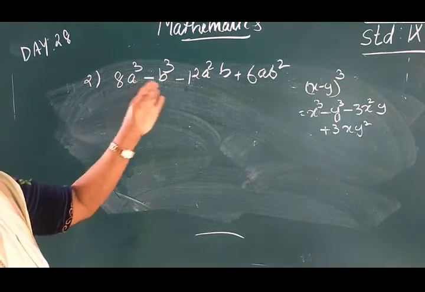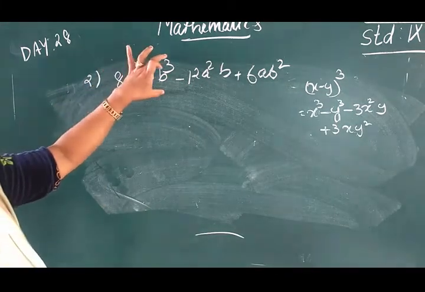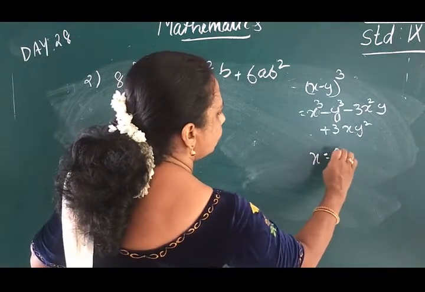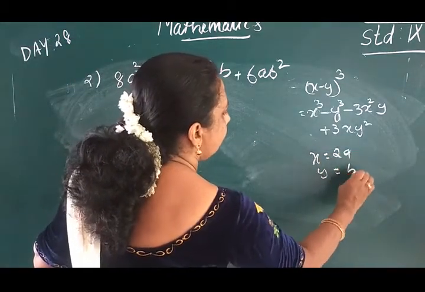First we have to find x and y. These two terms are the same as in the previous problem, so here x is equal to 2a and y is equal to b.